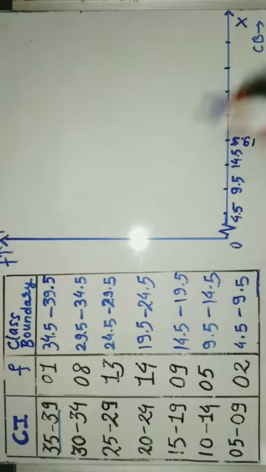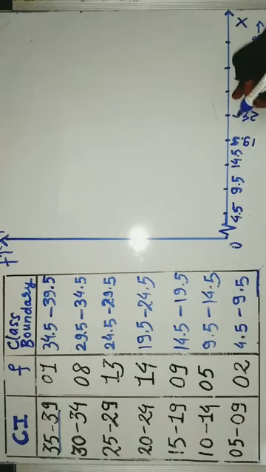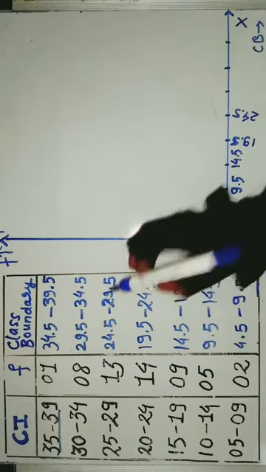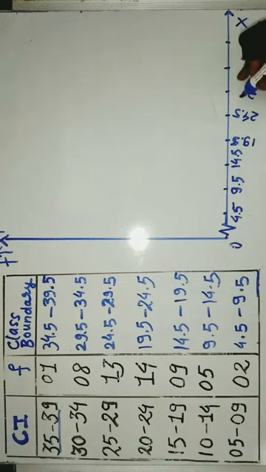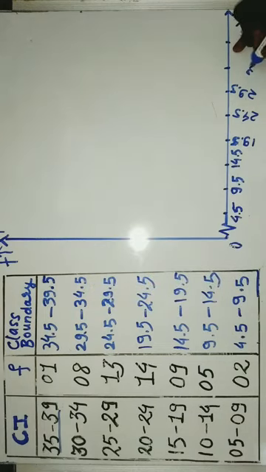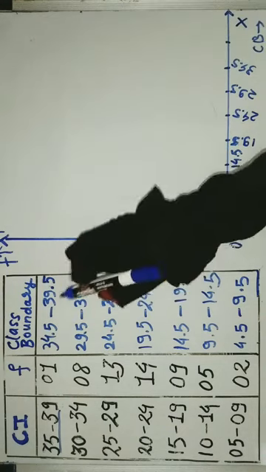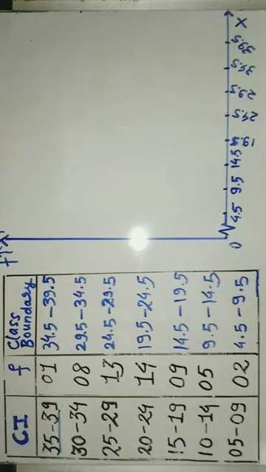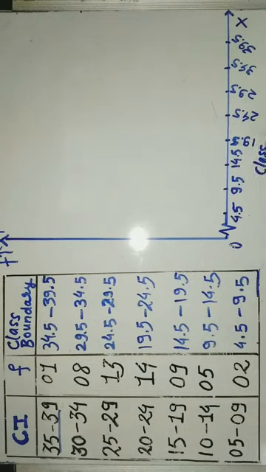Then 24.5, then 29.5, then 34.5, then 39.5. These are our class boundaries.